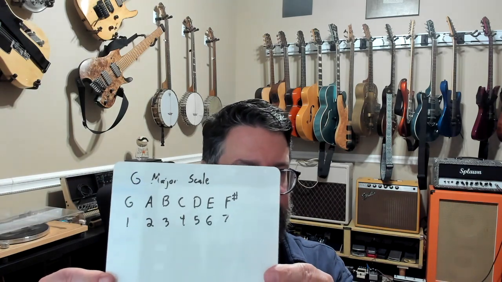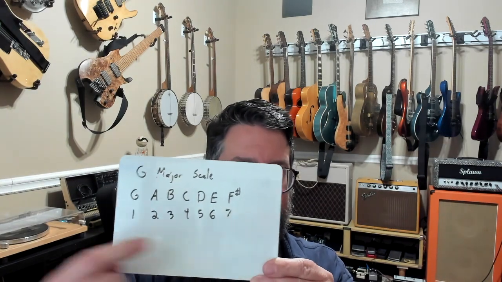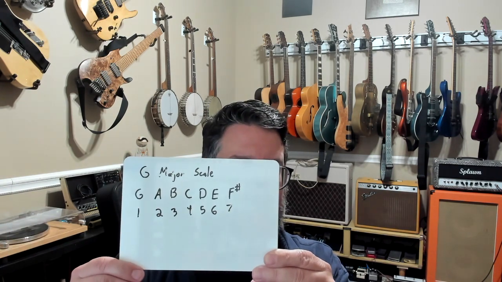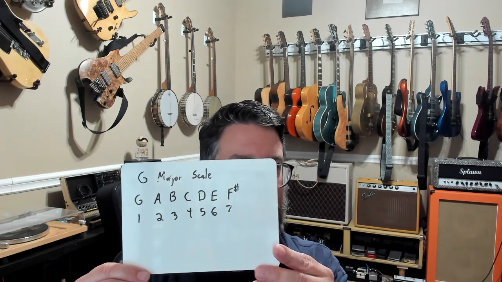This is probably going by fairly quickly if you're not used to it, so let me cover this again. We have our scale. If we line out the notes that are in the scale, 1 to 7, because there's 7 notes, then we can apply those numbers to the position that note occupies in that scale. In the case of a G major scale, we start with a G, that's our 1, our root.